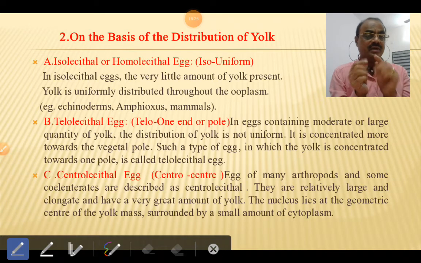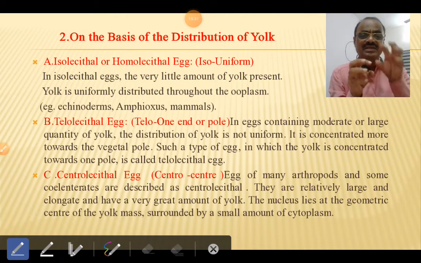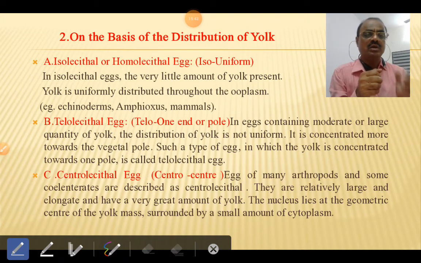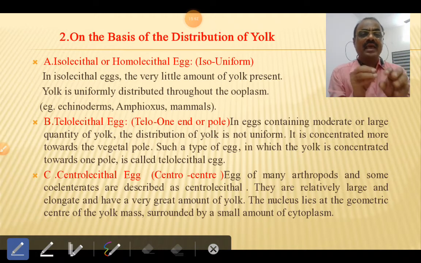Whatever yolk is present is concentrated toward the center of the egg, not toward the animal pole or the vegetal pole.